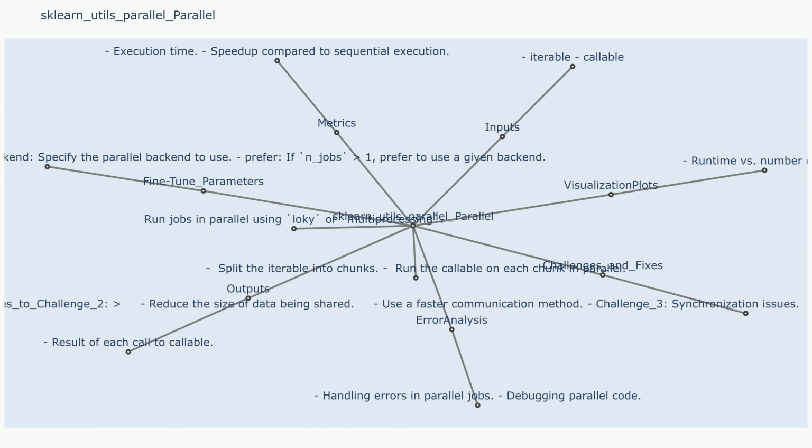Fixes to challenge 4: utilize locks or other synchronization mechanisms to ensure exclusive access to shared resources. Implement thread-safe data structures or libraries for managing shared resources. Carefully consider the implications of parallel access to shared resources and ensure proper synchronization is implemented.